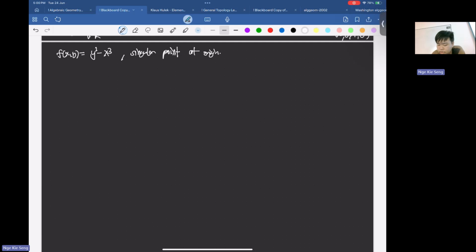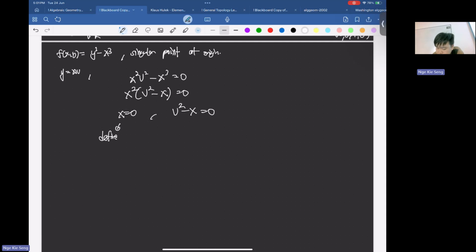And then you try to blow it up again, then y equals x v. Then x squared v squared minus x cubed equals 0. Then factor out x squared: v squared minus x equals 0. And then either x equals 0 or v squared minus x equals 0. And then this defines the exceptional divisor.